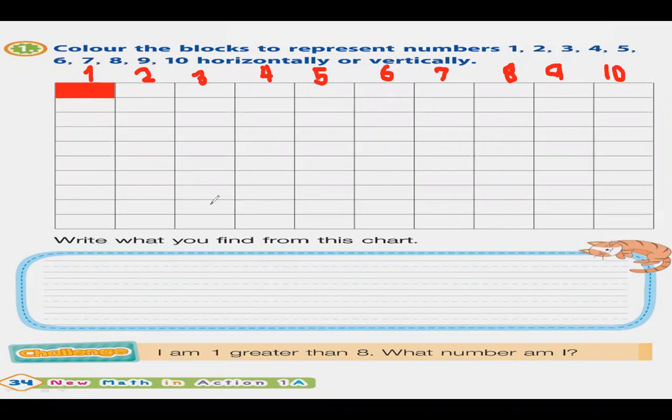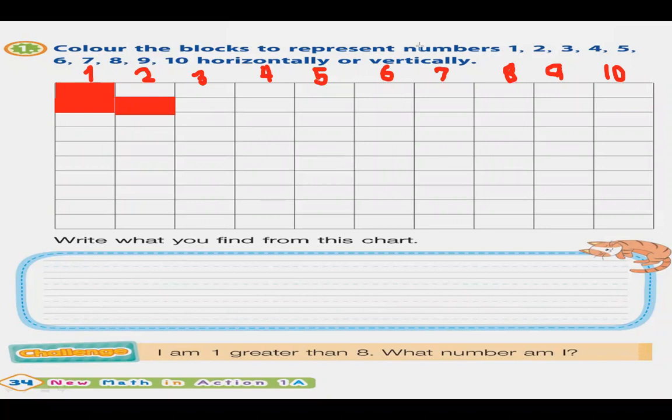All right, so a while ago we talked about 1 up until 5. So you are going to start coloring this one. Okay, so now let's have 1 and then 2. All right, and then followed by this number here. Okay? Up until 10.